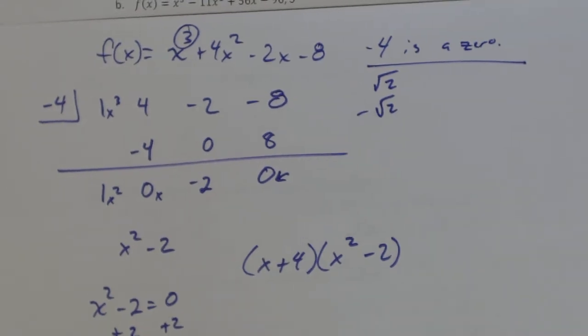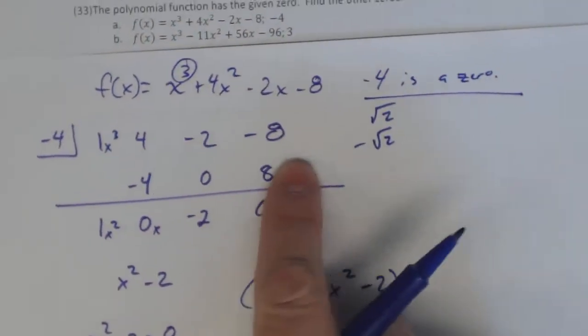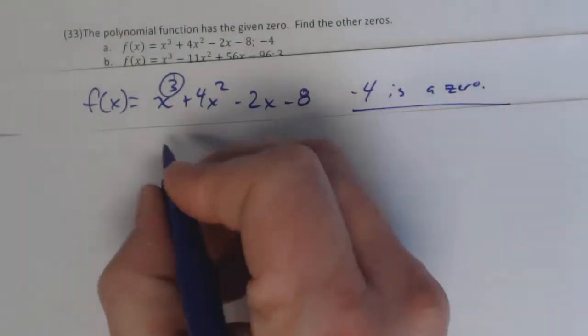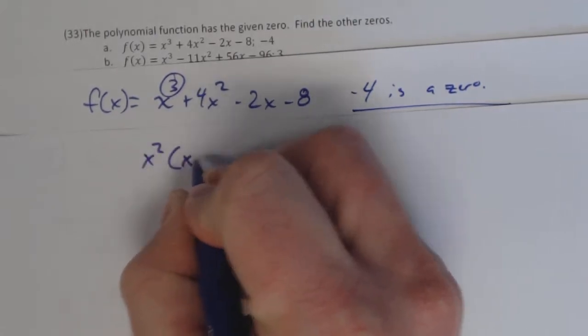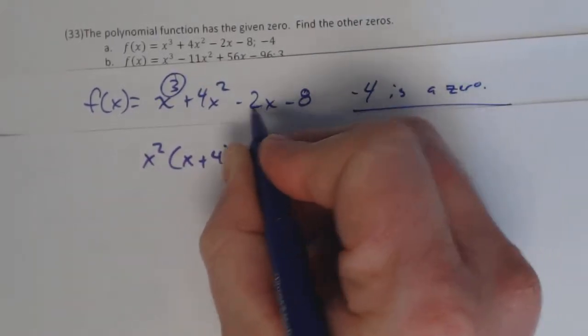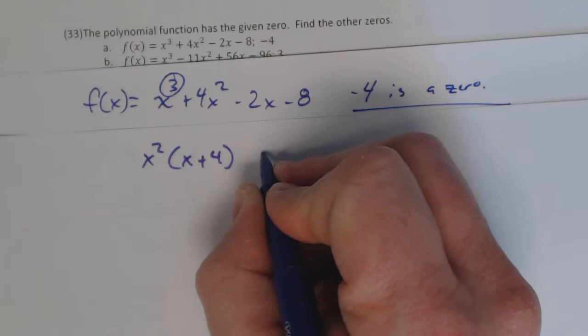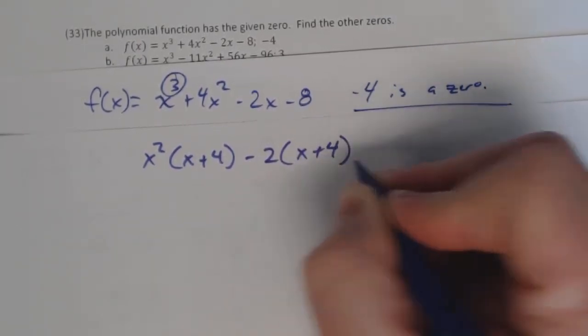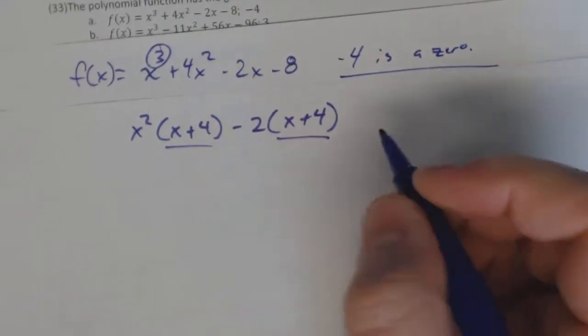Let's look at part B. Oh, by the way, you didn't actually have to do that on this question, you could actually factor this in parts. You could factor a negative 2 out of this. You see how both those are x plus 4s?